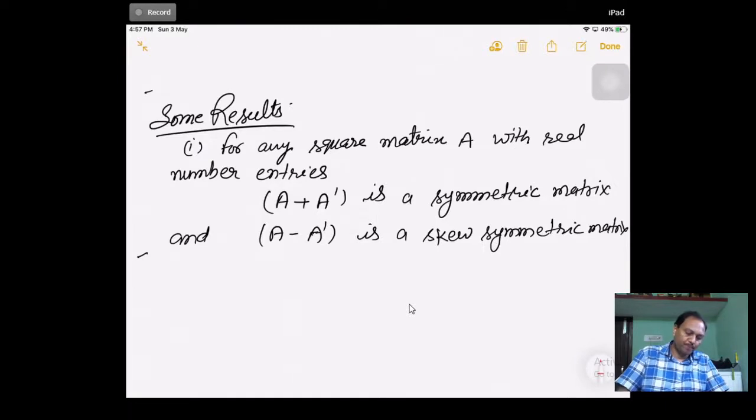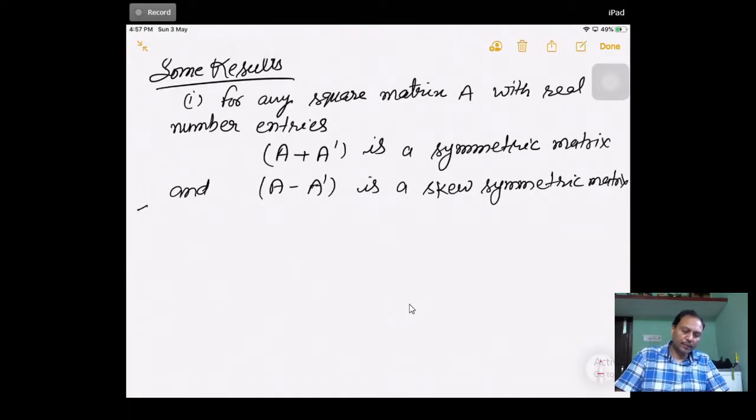Now, with the help of one example, we can check this property. Taking a matrix A, that is 1, 5, 6, 7.